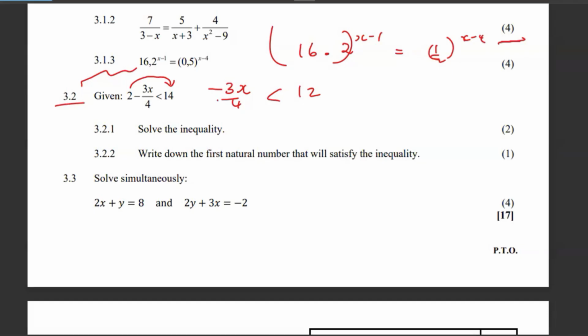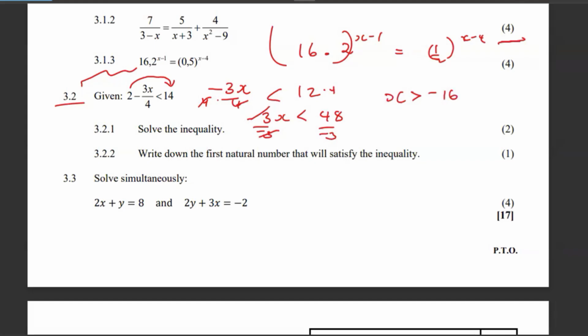Then I'll multiply both sides by 4. So negative 3x is less than 48. Then I'll divide both sides by negative 3. Now remember, whenever we divide by a negative with inequalities, the symbol must change. Okay, so that's negative 16.